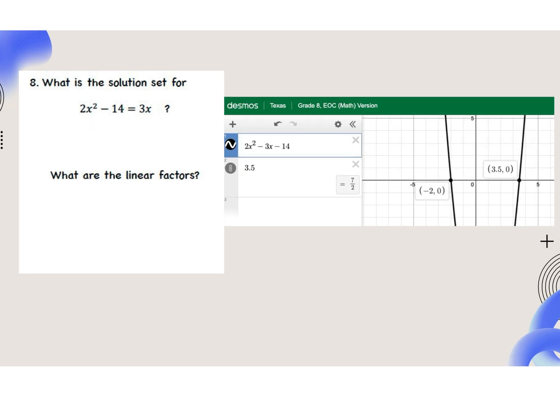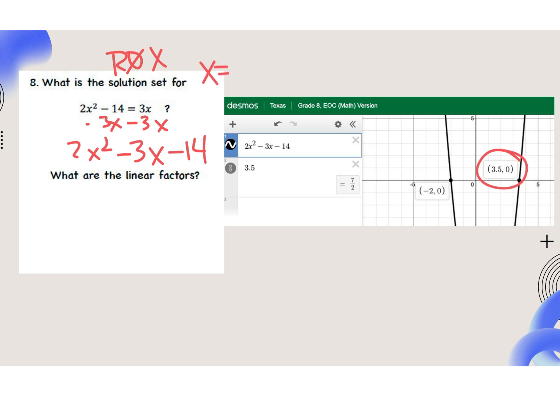What is the solution set? So again, we're talking about the rocks here. Everything needs to be on the same side. So 2x squared minus 3x minus 14. I've graphed it. Now, I did get a decimal, and we talked about how you can put that into Desmos, click the little fraction button, and it will tell you what it is as a fraction.